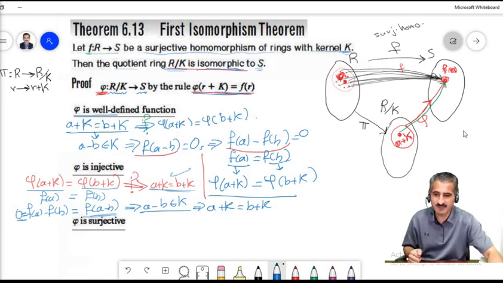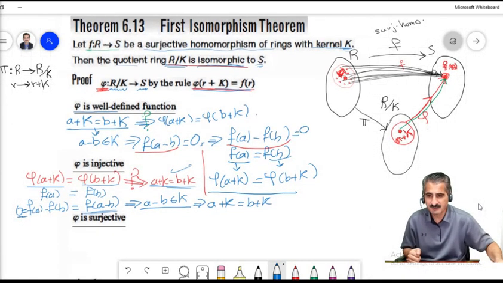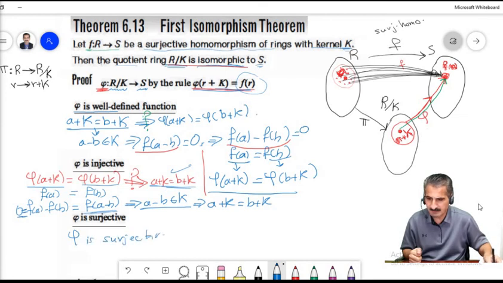Now phi is surjective. Clearly phi must be surjective, because it takes to the image of R, since f is surjective.